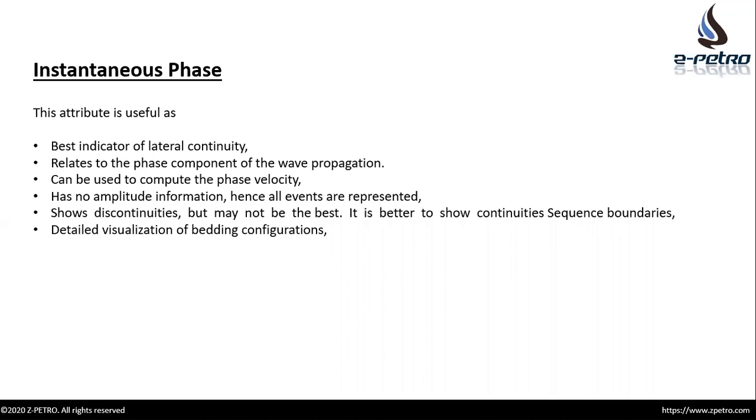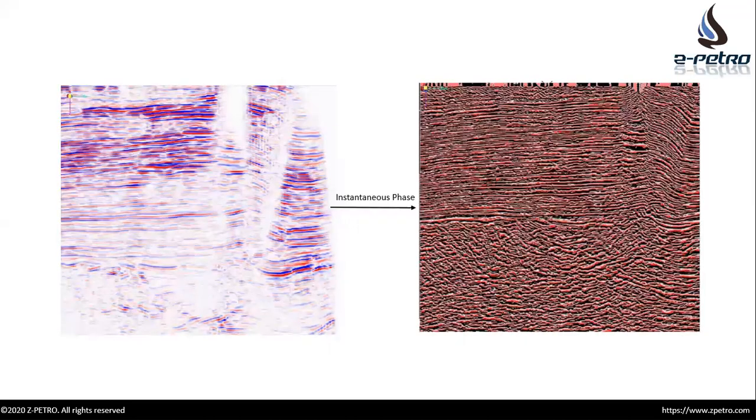You can see this one is the instantaneous phase. You can see the seismic amplitude, while in the next image at the right side, the instantaneous phase is applied, and you can see the lateral continuity. The black lines let you easily distinguish the continuity of your subsurface reservoir.